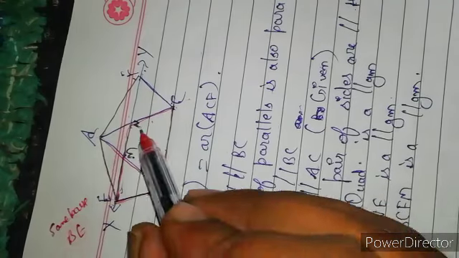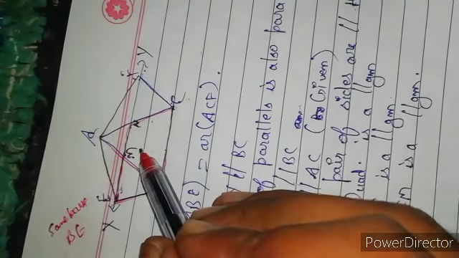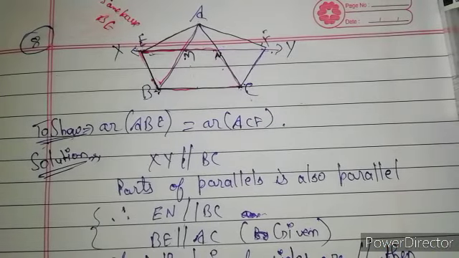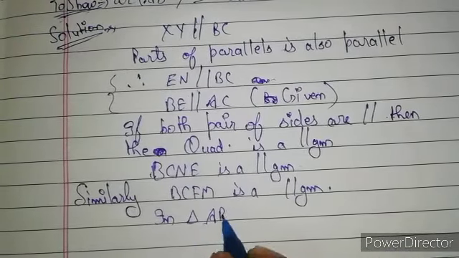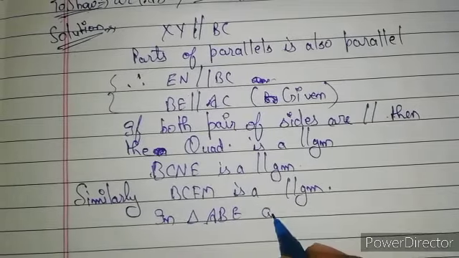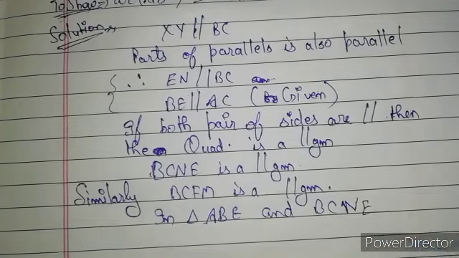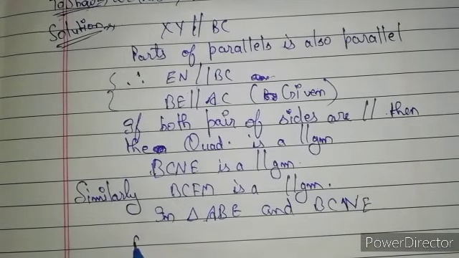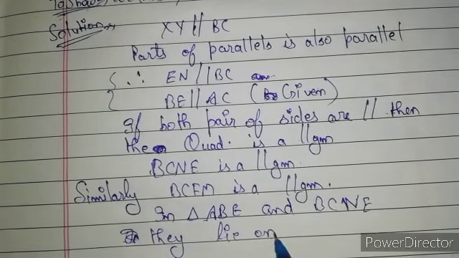So these two, one triangle and one parallelogram, have the same base and lie between the same parallels, then the area of the triangle is half of the area of the parallelogram. Let me write here, in triangle ABE and parallelogram BCNE, directly we can write they lie on the same base.